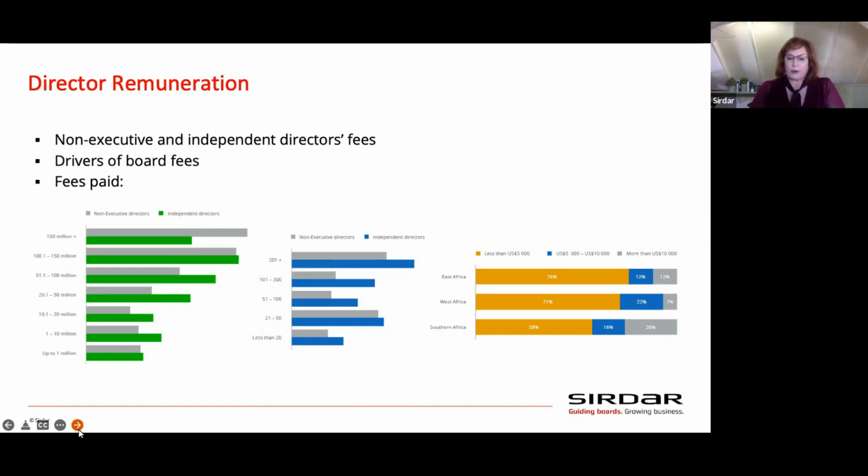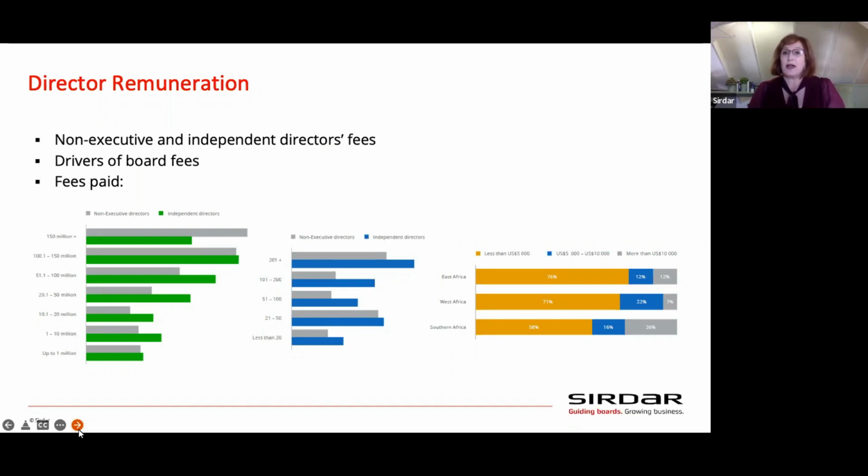And what we've found interesting is that in this survey, contrary to the previous survey, independent directors are earning higher fees than non-executive directors. So the truly independent directors are coming on board and being recognized for what they bring to that board. In our middle image, we see that companies with over 200 employees are paying higher fees.